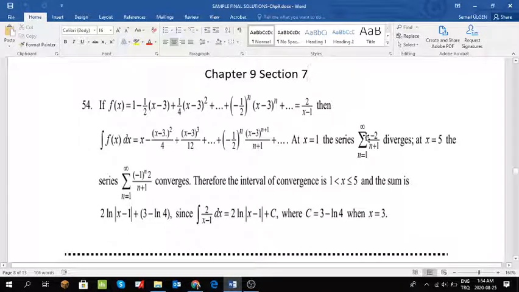That's what you get here. Now this is a harmonic series, so it is divergent, so x equal to 1 cannot be included in the interval of convergence.